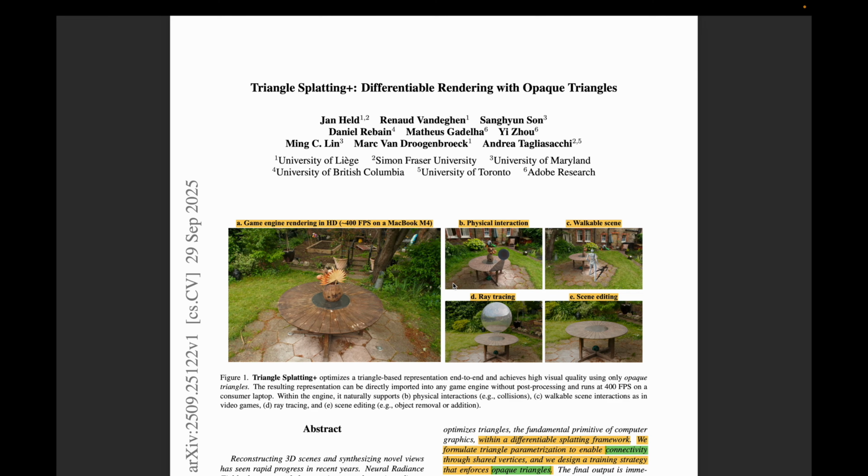So basically here, the point of this paper is that they produce a semi-connected mesh. We are going to discuss that in a moment. But basically, this new representation is much more compatible with downstream tasks, with integration with game engines.